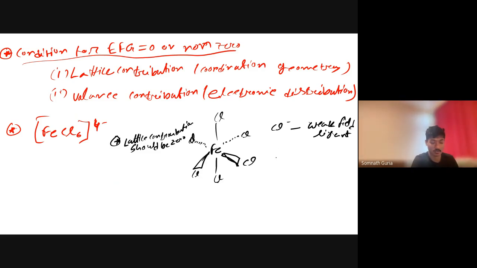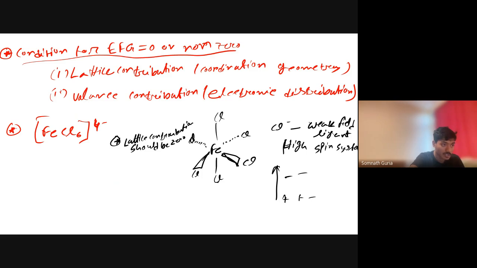Now there is another question coming into the picture during the electronic distribution. Weak field ligand means it will be a high spin system. So the electronic distribution will be in T2G and EG.